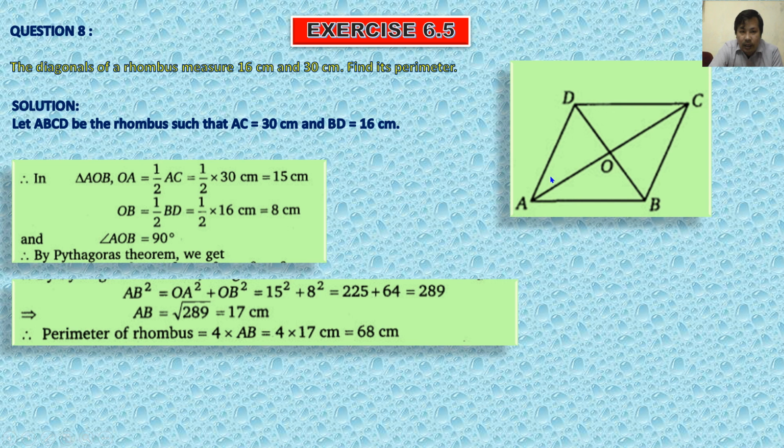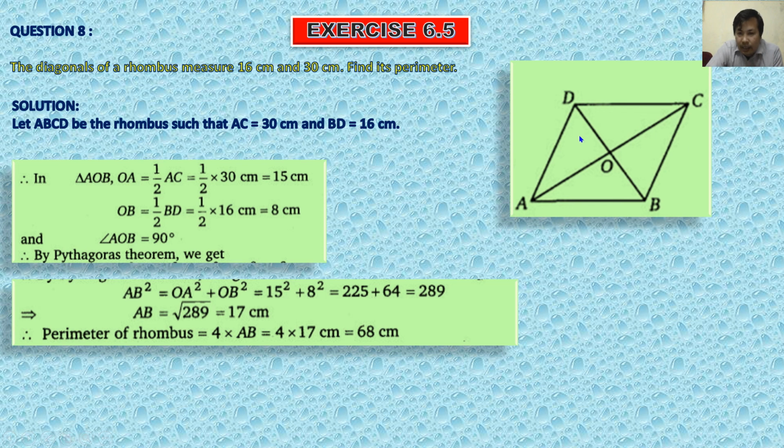AO is equal to half of AC. Why? One thing you must understand, that the diagonals of a rhombus bisect each other. Bisecting each other means they cut into equal halves.